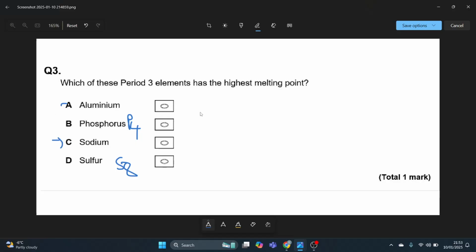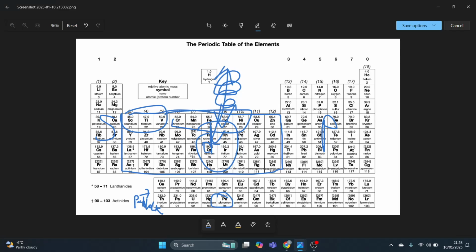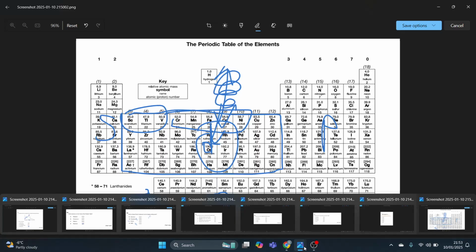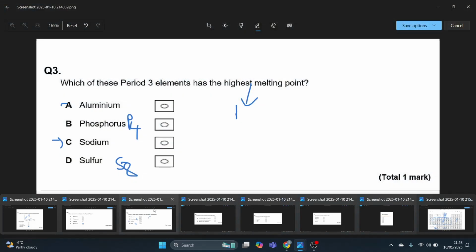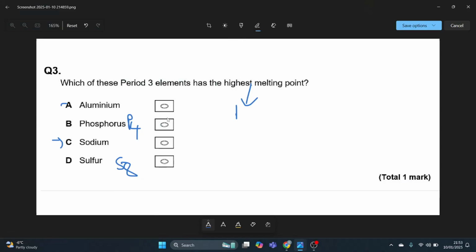If we're looking for the highest melting point, we're looking for the highest charge, so aluminium and sodium. Let's look at the periodic table. This is going to be aluminium. It's got that 3+ charge, whereas sodium only has an Na+ charge.